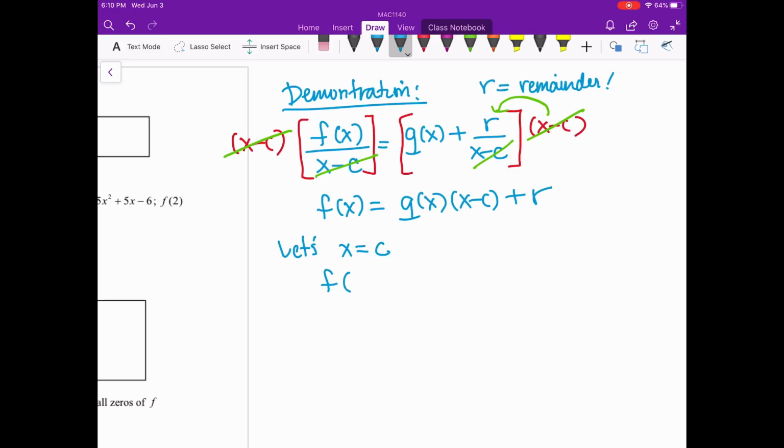That means that f of c is going to be equal to q of c times (c minus c) plus r. c minus c is 0, so this part will cancel. And now you can see that f of c is going to be equal to the remainder.